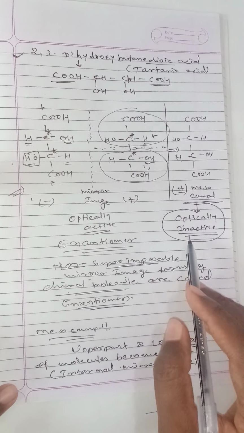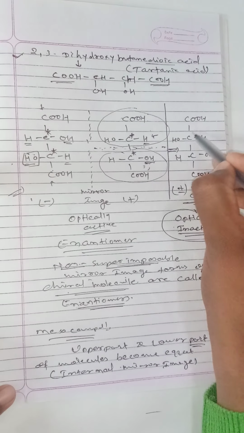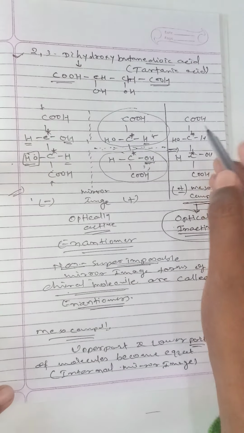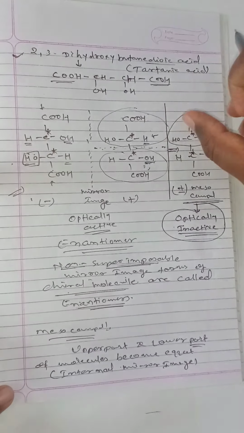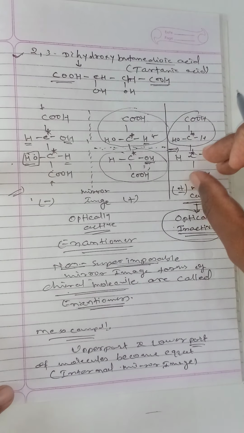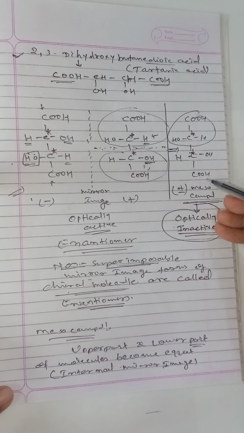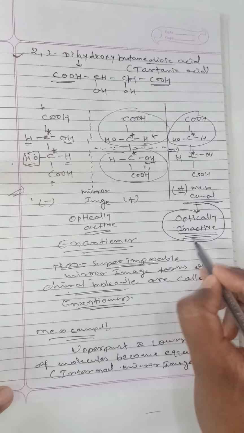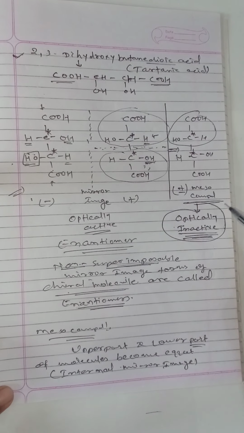Because the optical rotation of one asymmetric carbon atom, suppose it is rotated to the right direction, and the other rotated to the left direction, is cancelled out by the other.